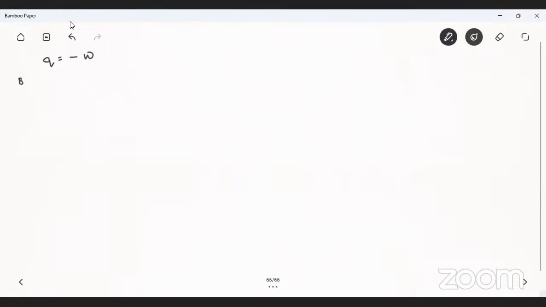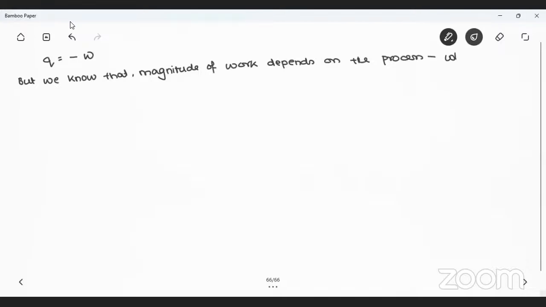But we know the magnitude of work depends on the process, whether it is reversible or it is irreversible.